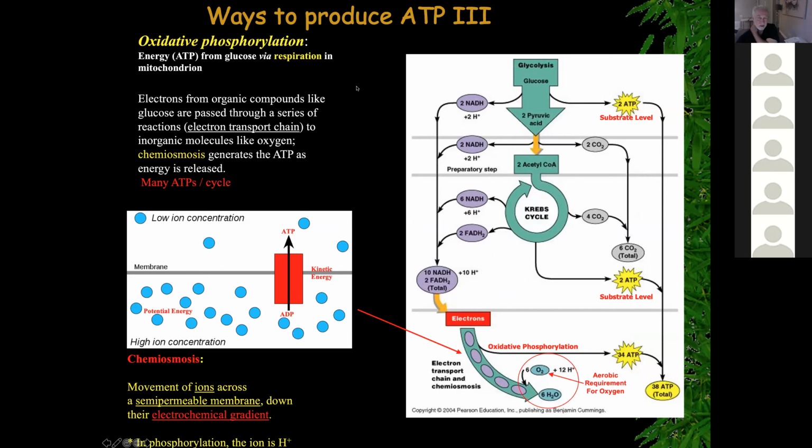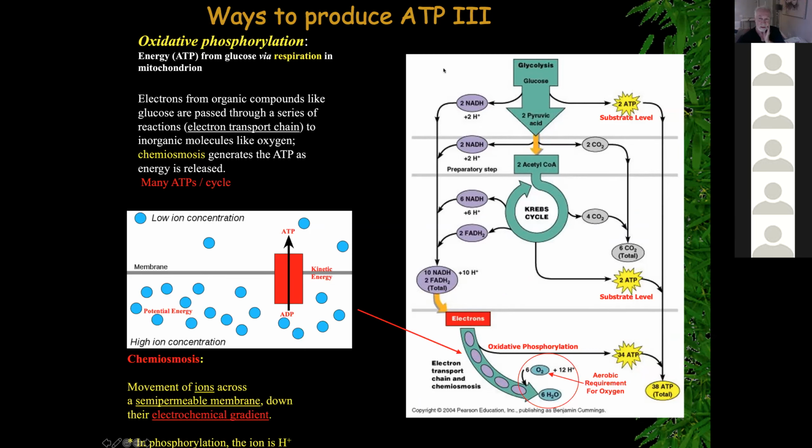This is the third way I told you of generating ATP, and it's called oxidative phosphorylation. We've already gone over way 2, which is photophosphorylation. That was last time. But now we're going to focus on oxidative phosphorylation, because that's where we get most of our energy, most of our ATP.